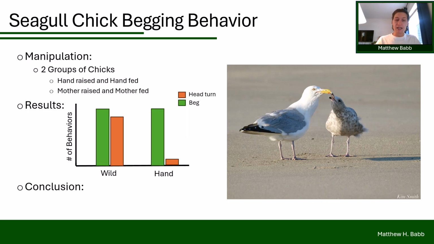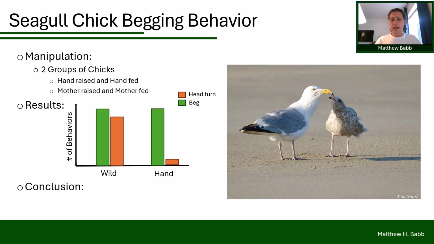So what they did was they took two groups of chicks. For one control group, they let them be raised as normal by their mother. Those can be seen in the wild group on the left side of the graph, and the other group were hand-reared by humans, and you can see them on the right side of the graph.